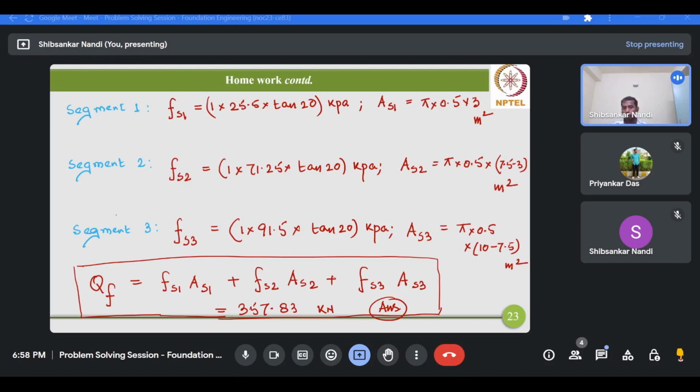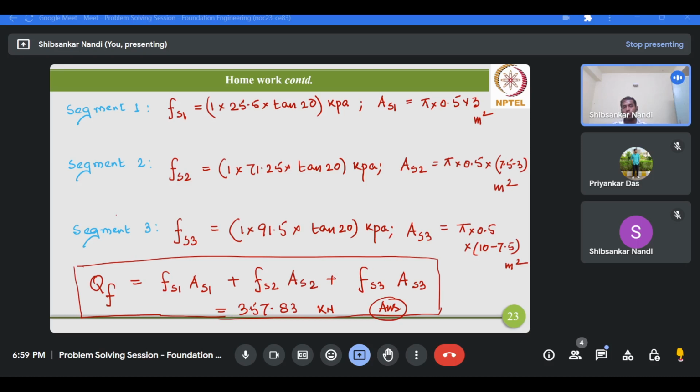So if you allow the eccentricity beyond the permissible value, then there is a chance of generation of negative pressure at the base of the foundation. Once you encounter negative pressure along the base, you know what the consequences will be. Since the soil is very weak in tension, there will be a separation.